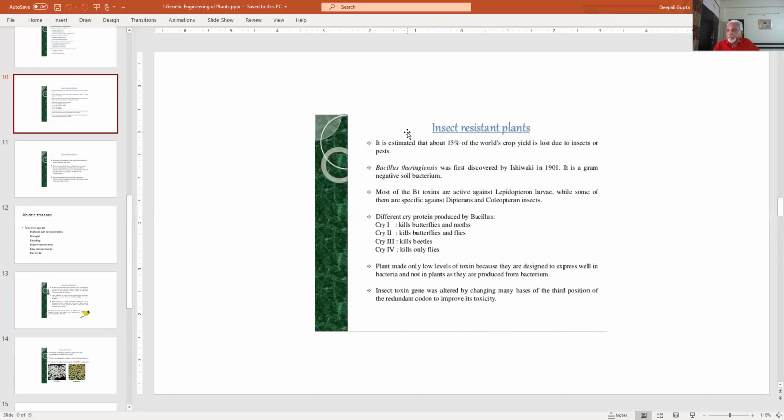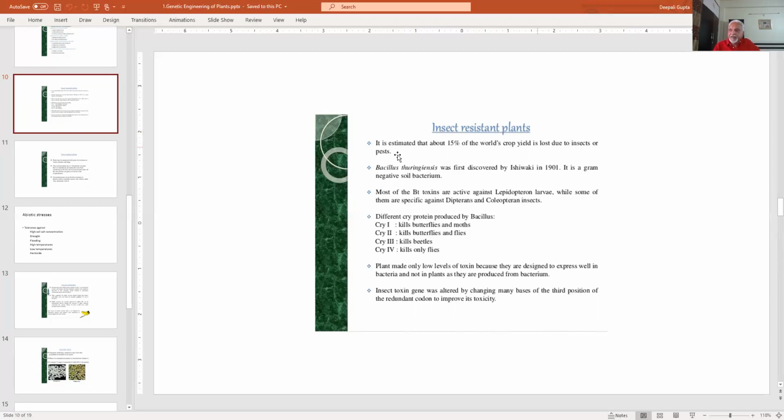Actually, BT is the bacteria, what we call Bacillus thuringiensis, which has insecticidal property. So this is being used by farmers as a solution, BT solution, in the field to control insects.